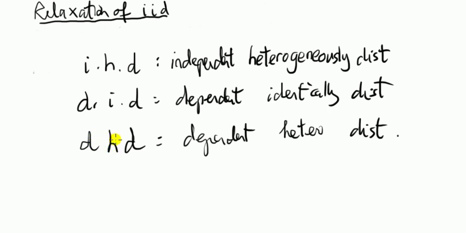The degree of being different, I've allowed it to be heterogeneous. So d.h.d., dependent, heterogeneously distributed. These three things you're likely to see in grad school rather than undergrad.